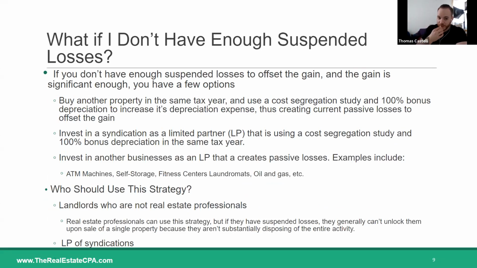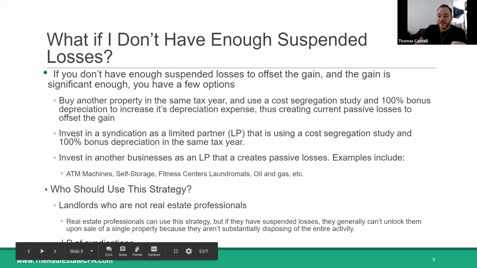If you don't have enough passive losses to offset the gain, or the gain is significant, you have a few options. One, you can buy a property in that same year and use a cost segregation study and 100% bonus depreciation to increase that property's depreciation expense, creating a current passive loss that will hopefully, if you invest the right amount, offset the tax from that gain.